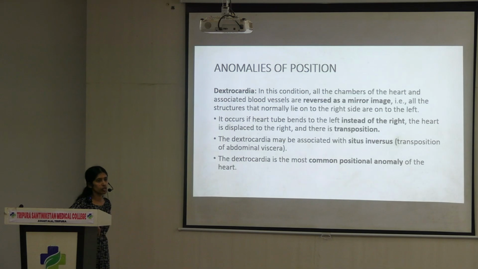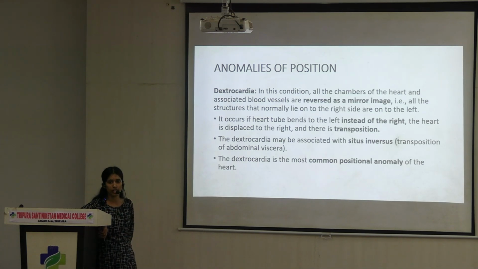Dextrocardia is a condition where the chambers and the associated blood vessels, both arteries and veins, are present as a mirror image. Basically, your right atrium and right ventricle will be present on the left side, and the left atrium, left ventricle and the related blood vessels are present on the right side.